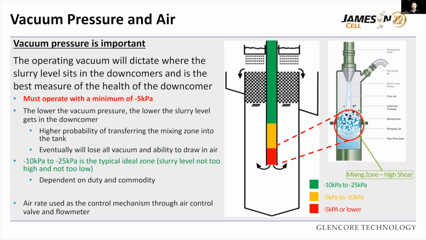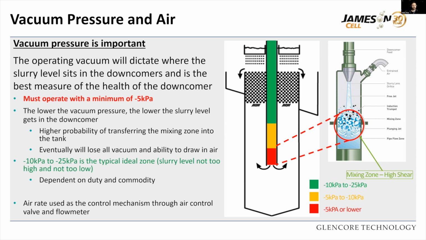The only thing that would need to be checked a bit is the ACE valves and some of those simple operational checks, just to make sure that there's no slurry buildup occurring in the airlines or anything like that, because as I said, your level will be right up the top at the lens level and the ACE valve level. So that's the only thing that needs to be checked.